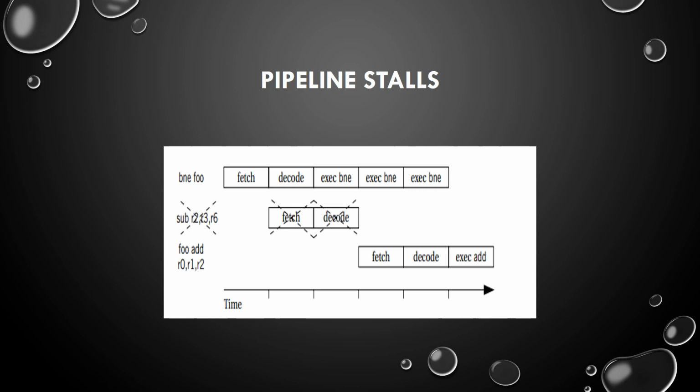So what will the CPU do? The CPU will throw off these two instructions and start executing the subroutine, that is FOO, starting from the subroutine address with fetching, decoding and execution of addition. So this is nothing but the control stalls.